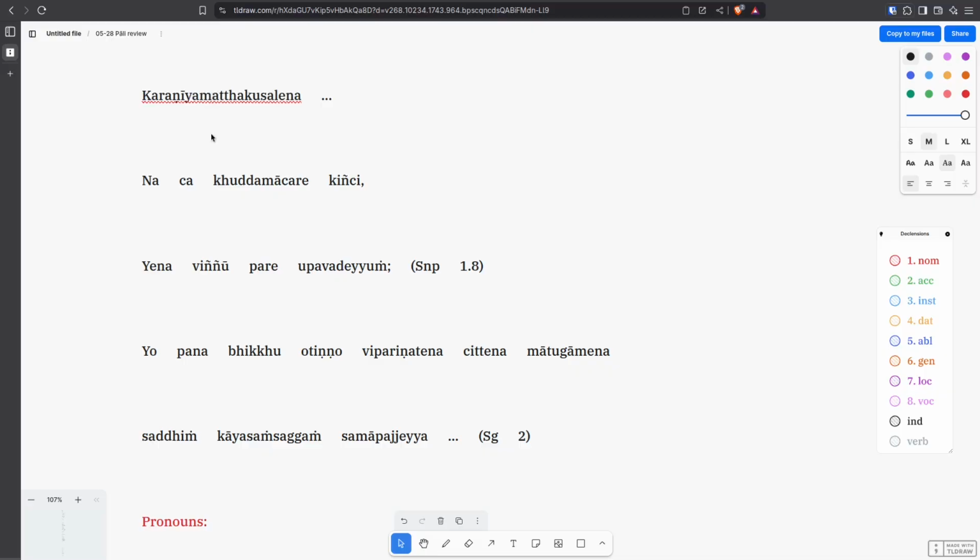The ending in ena would be like the means, through. Is it? So this is instrumental. Instrumental, yes. You recognize the compound. This is a compound of several words.